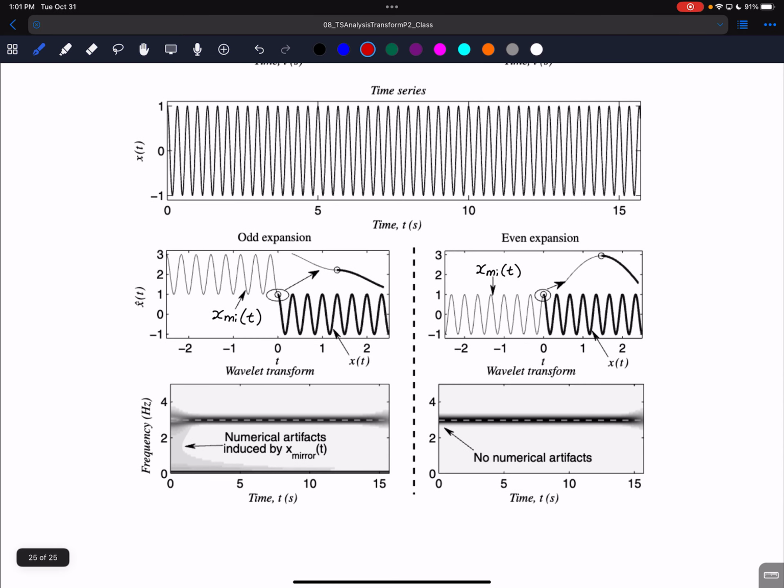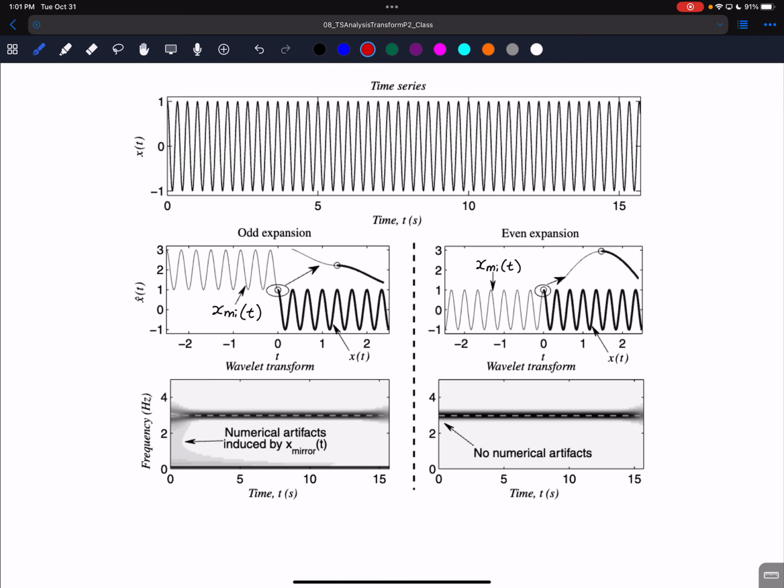Okay, here is another signal. In this case, x of t is equal to the cosine of 6 pi t. Beneath this, in the middle, you can see what an odd expansion looks like and what an even expansion looks like for this particular signal. At t equals 0, the signal starts at the value of 1, and we know that cosine is an even function, so you should expect to use an even expansion here.